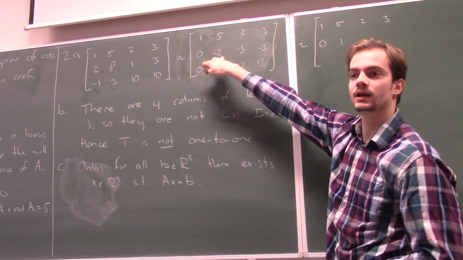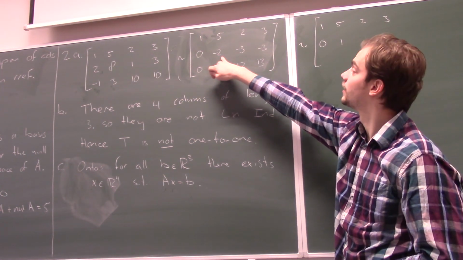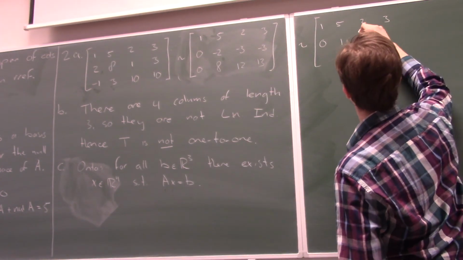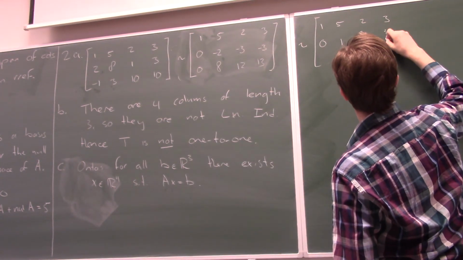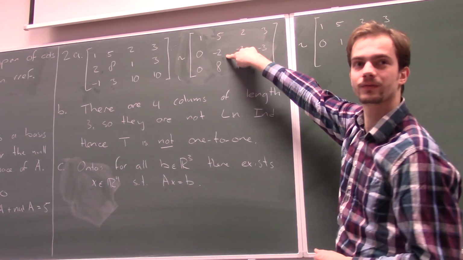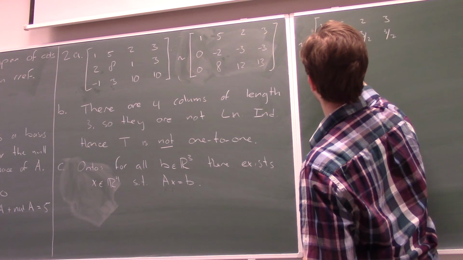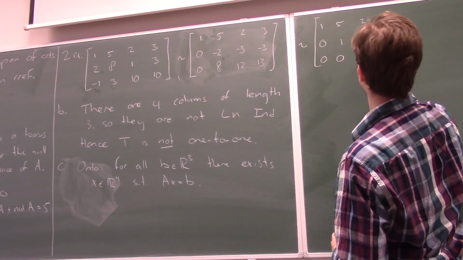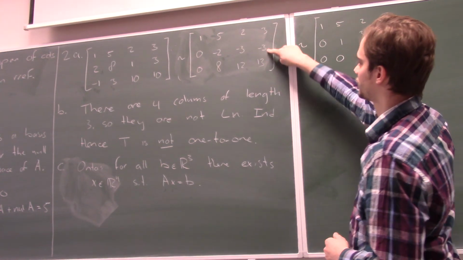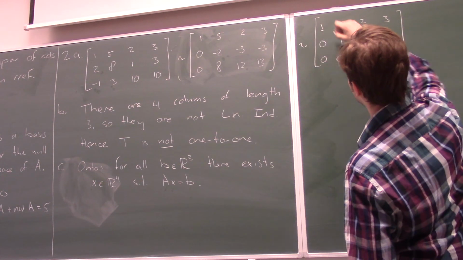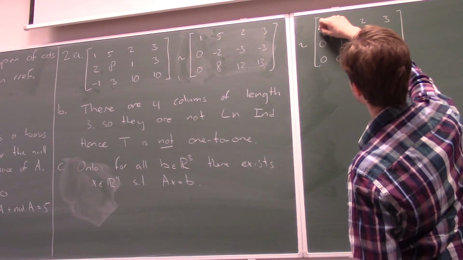So to get a 1 here, you can multiply by minus 1/2. So this will be 3 over 2. And then for this one, you need to add 4 times the second row to get to 0. So you get 12 plus 4 times minus 3, and then 13 plus 4 times minus 3. Okay, so there's pivots here, here, and here.